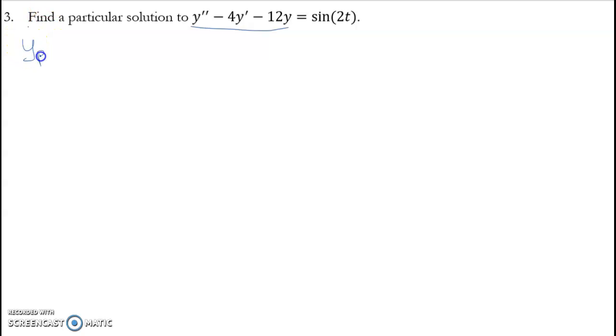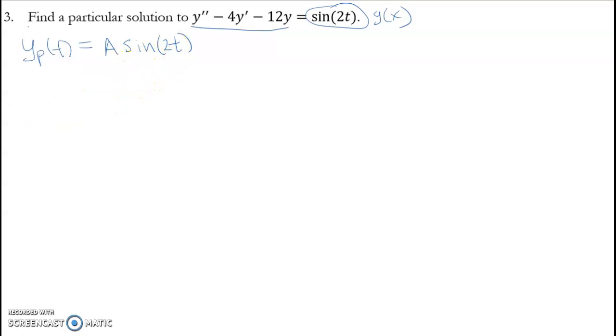So y_p of t is going to take on a form. This is our g of x, so I'm going to take a general form and say a times sine of 2t. This first part is the guessing game.